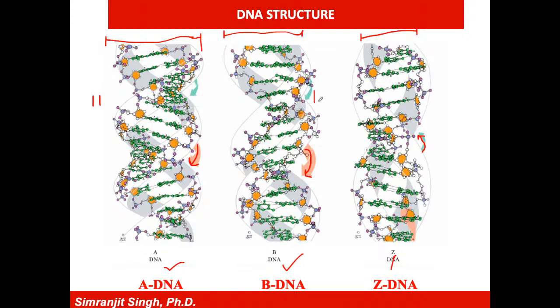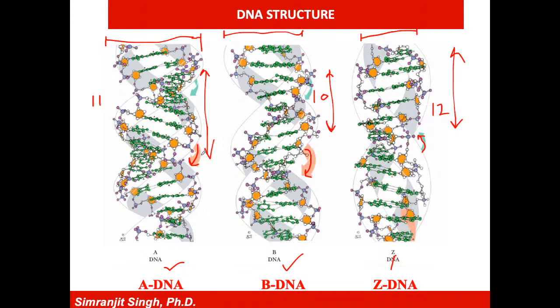Here we have 10 nucleotides per base pair turn, and here we have 12. So this is the longest. This is more stretchable. This is in between, and this is the smallest, B DNA. So those are the major differences that we have just discovered.